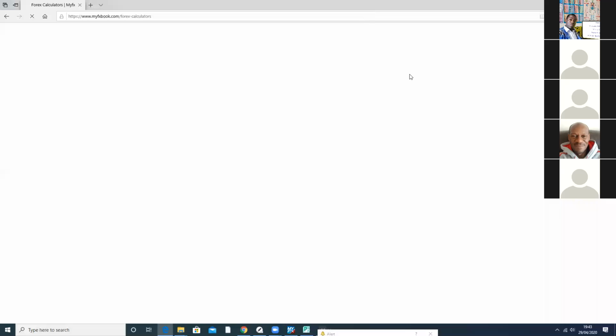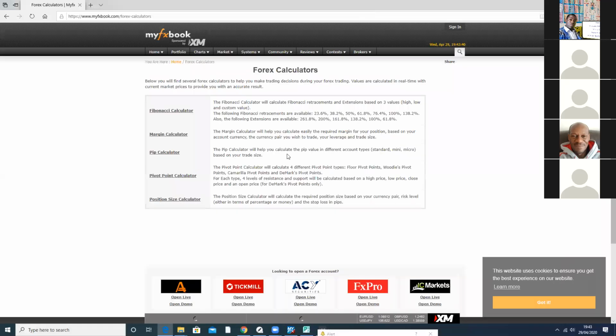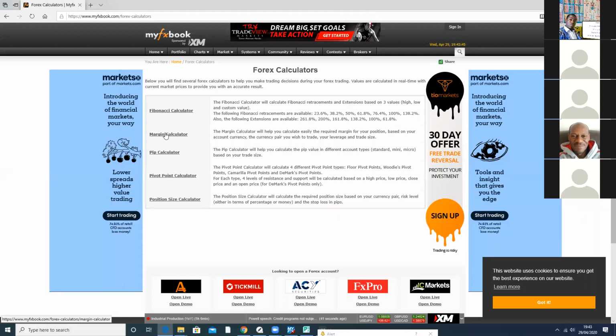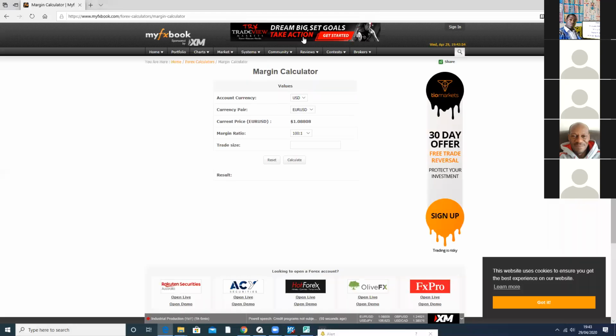So, Forex calculator. You could get it to calculate what margin. Say for example you're using USD, trading the Euro USD, and your margin ratio on your account is this, and this is the current price. So this is for margin, but say we didn't want margin.